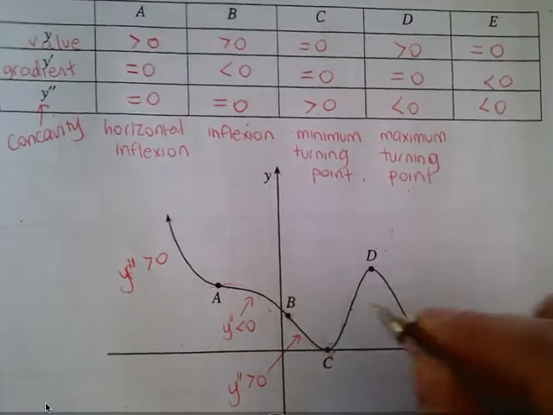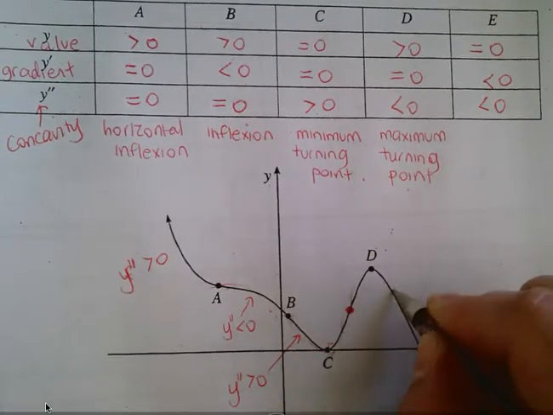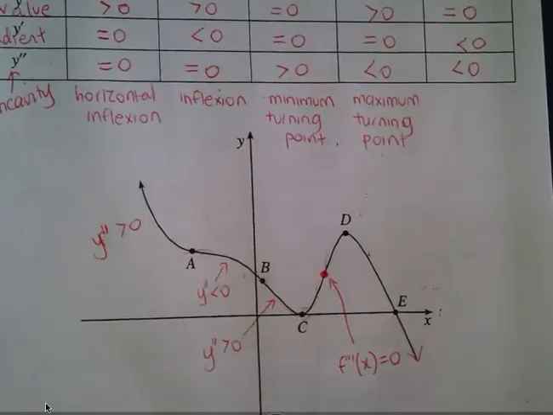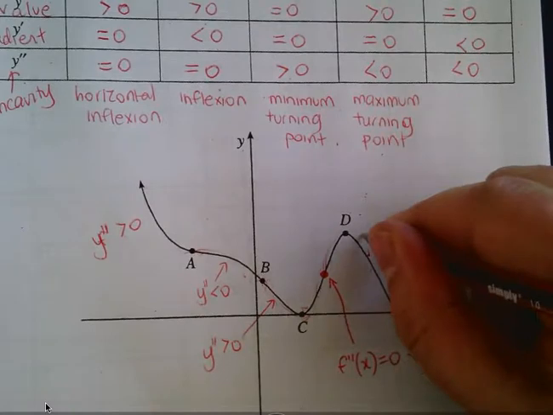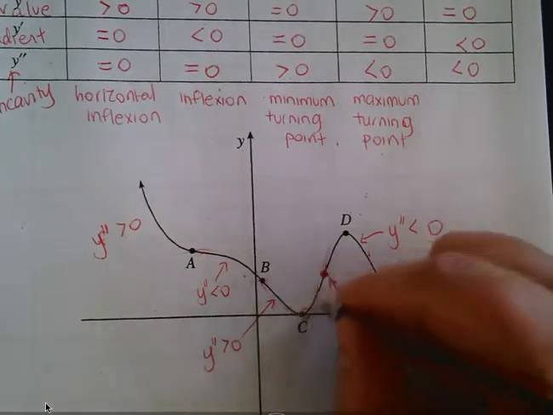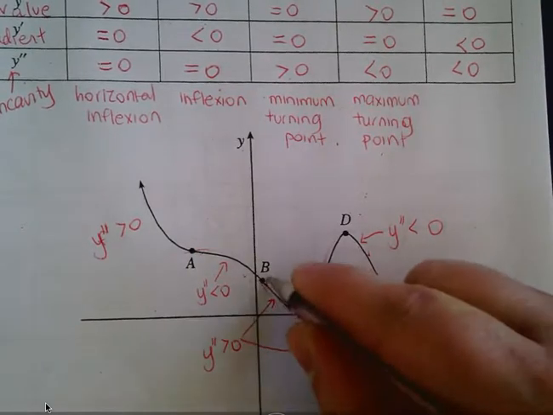Look, up, down. There will be another inflection here. All in this section, y double dash less than 0, okay? All in that section, up, up.